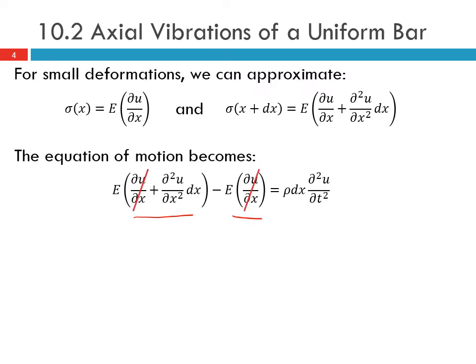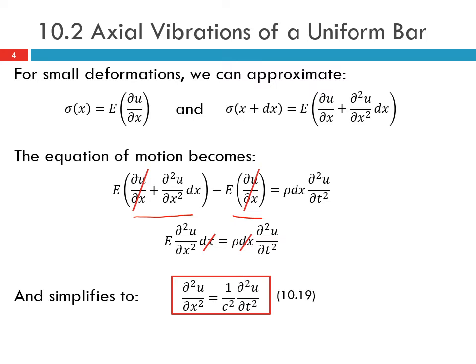We can cancel out these E partial u by partial x terms, and we get that E partial squared u by partial x squared dx is equal to rho dx times partial squared u by partial t squared. We can cancel out the dx's and simplify this to partial squared u by partial x squared is equal to 1 over c squared partial squared u by partial t squared.